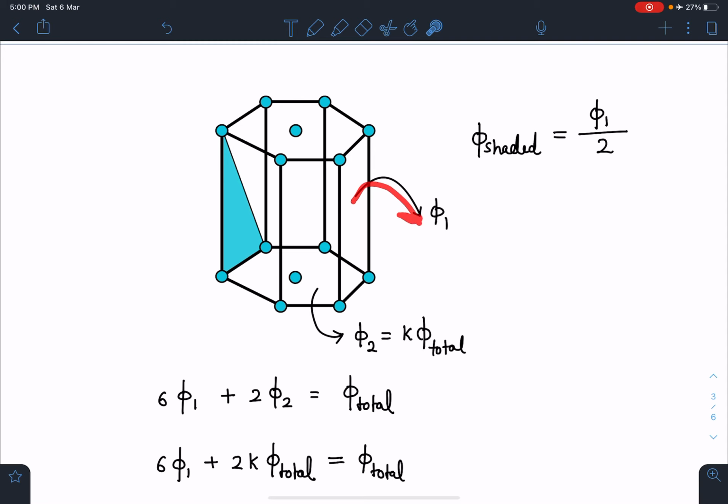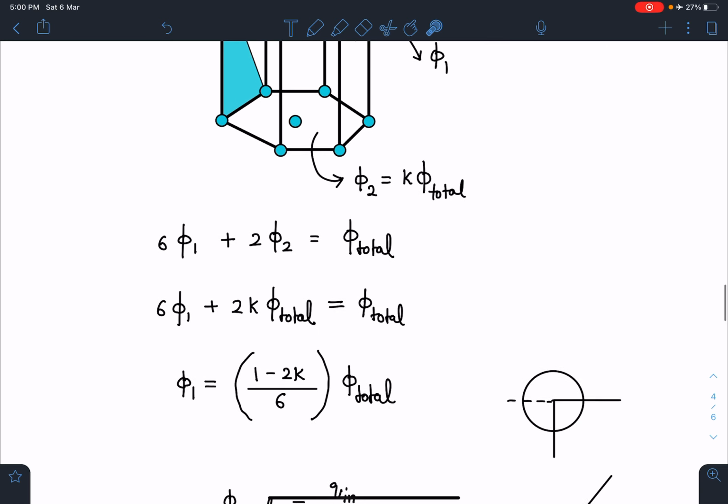Let's say that flux is phi1, and if it is phi2 on this flat surface, then it is k times phi total. By seeing the picture, you can say 6 phi1 plus 2 phi2 is going to be phi total, and this phi2 is k phi total. So I can get this phi1 as (1 minus 2k) by 6 times phi total.